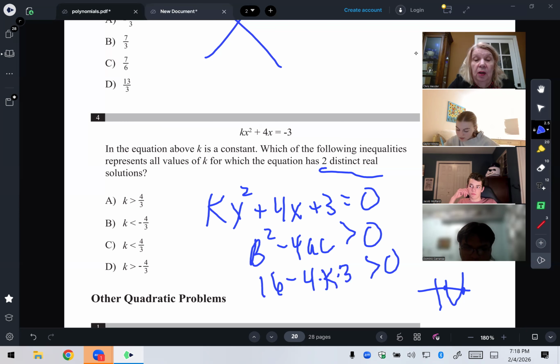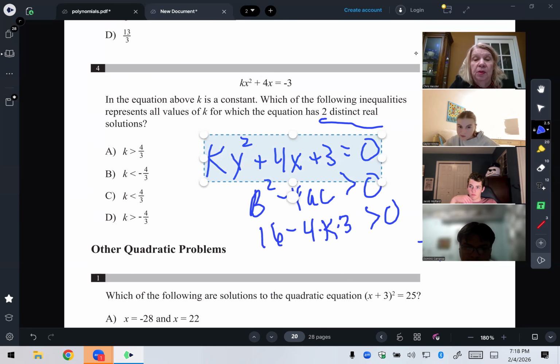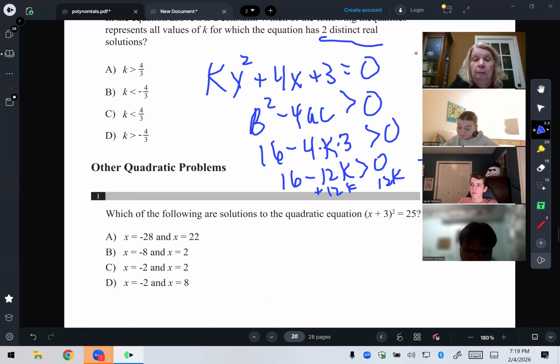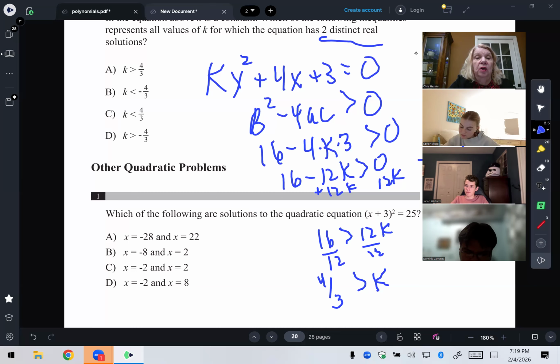These are all multiplied. So that's going to give us 16 minus 12K is greater than 0. We'll add 12K to both sides, so we don't have to flip anything. So 16 is greater than 12K. Divide by 12. K has to be less than 4/3, which is answer choice C.